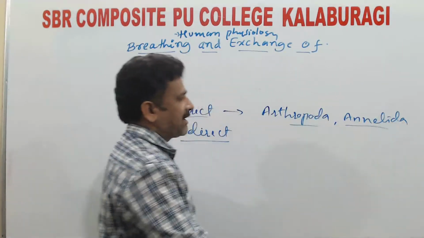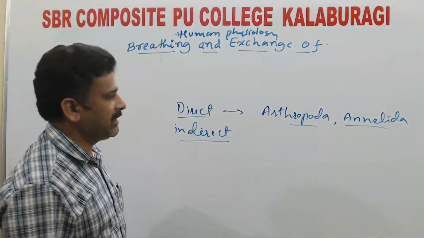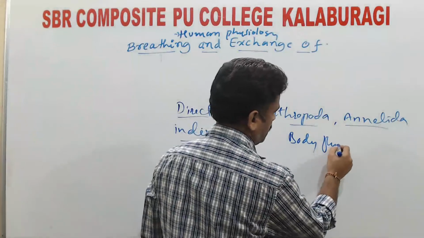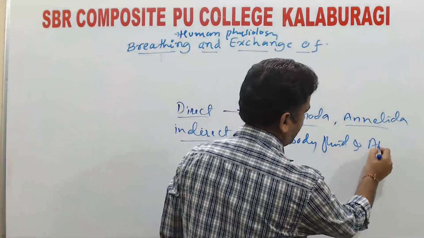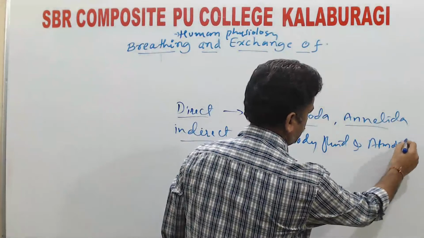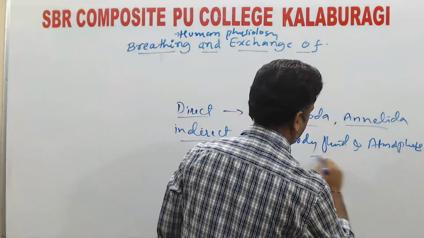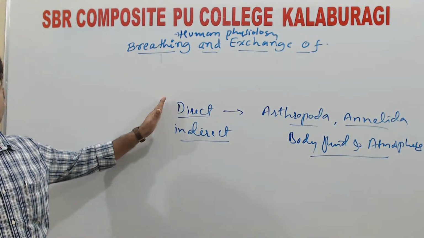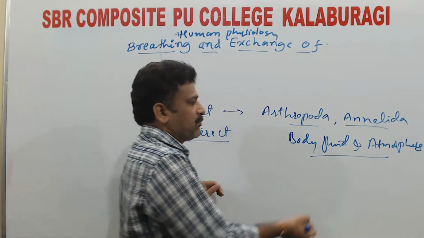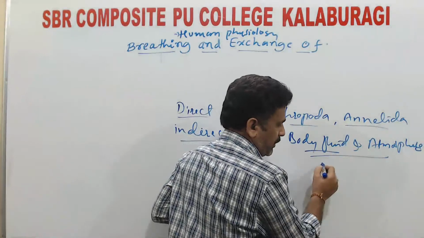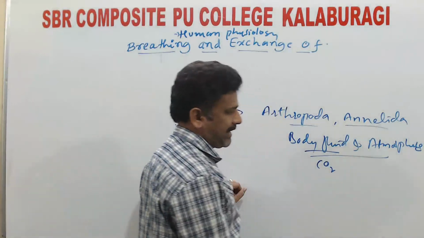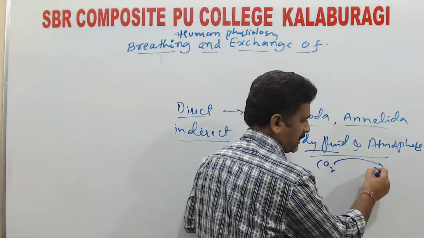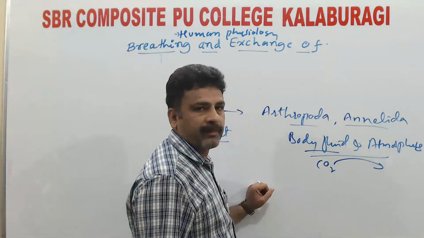There is a direct exchange of gaseous molecules between the body fluid and the atmosphere. If the body fluid is rich in carbon dioxide, it diffuses to the atmosphere through the body surface.